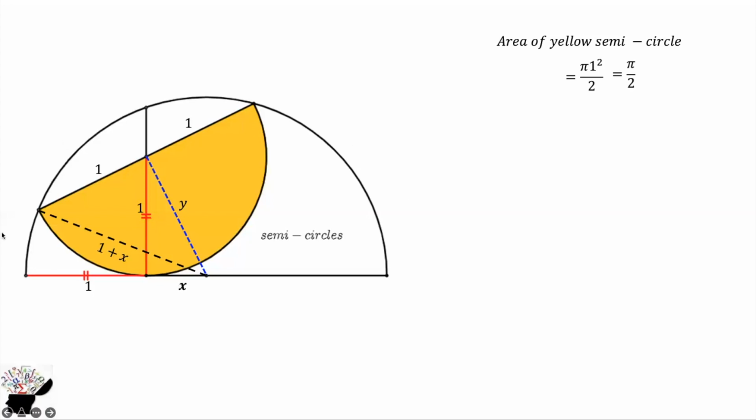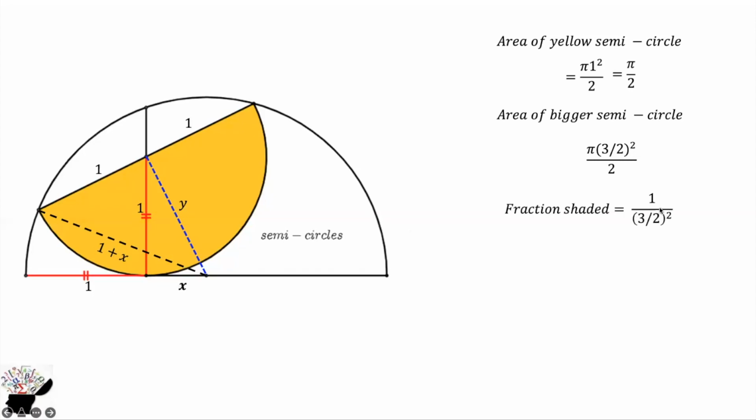What about the area of the bigger semicircle? The same way, we are going to get pi r squared divided by 2, right? We know that the radius of the bigger semicircle is 3 over 2. So we are going to get pi times (3 over 2) all squared divided by 2.